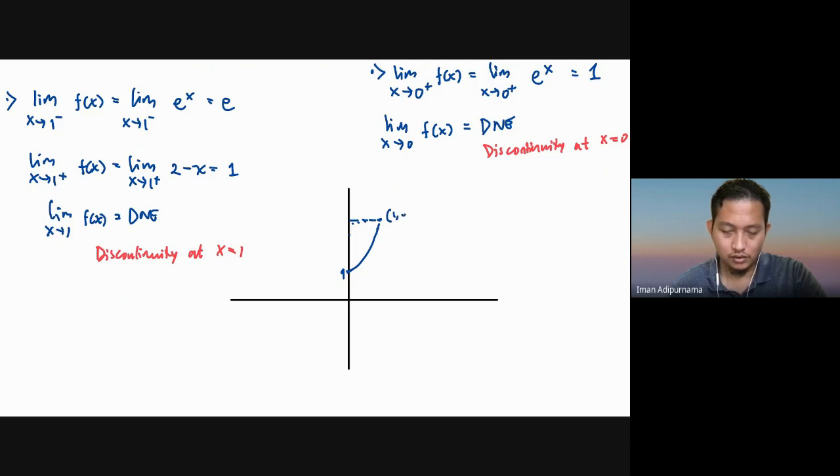Let's say this is one, this is e, and also we have this is two. Maybe two is around here. Two. And this is having an open interval. So probably this is our graph like this.